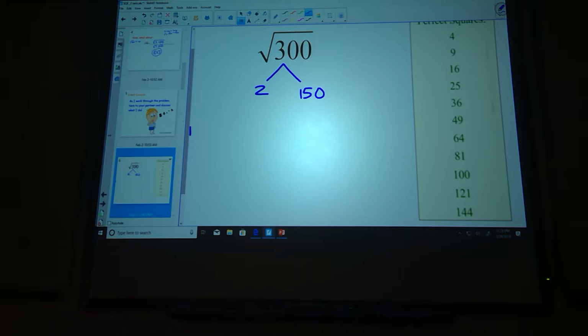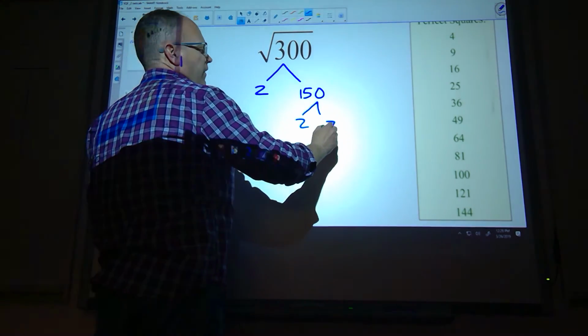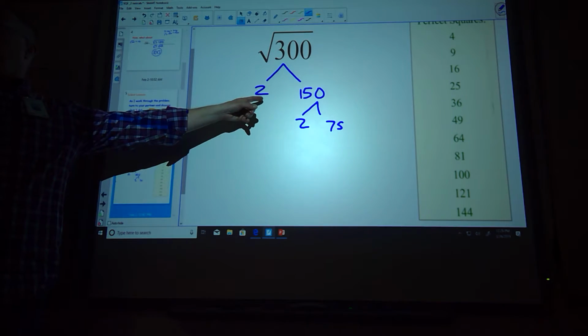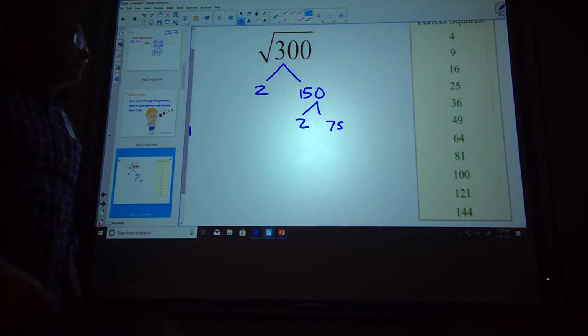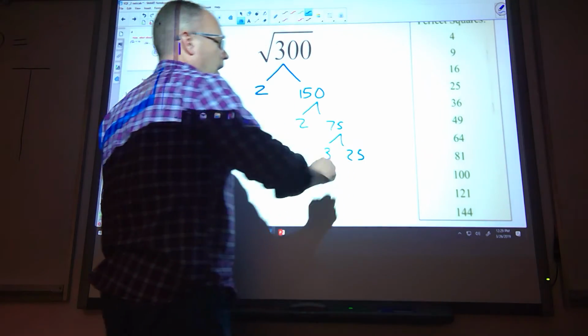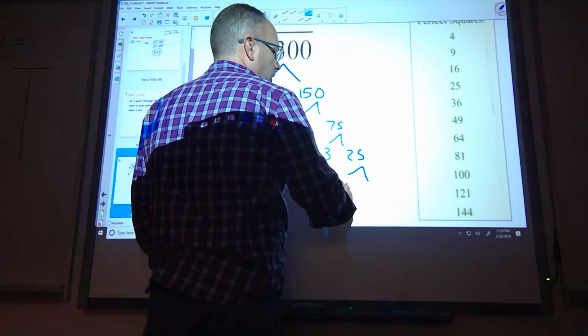Remember that? Well, 1 definitely does, but that's not going to get us anywhere. But 2 is going to break it down. And then 2 is going to go into this 75 times. I don't have to break this down any further because it's already broken down. And then 75 can be broken down to 3 and 25, right? And then 25 can be broken down to 5 and 5.